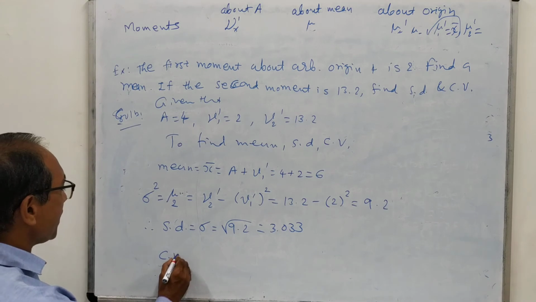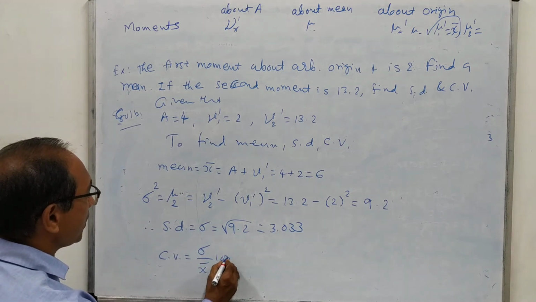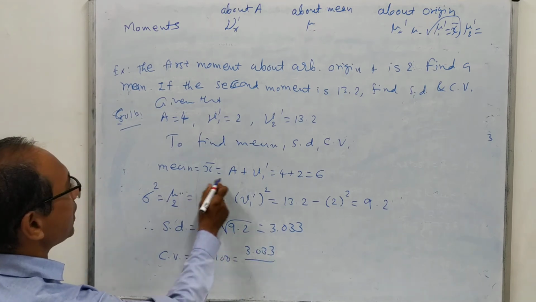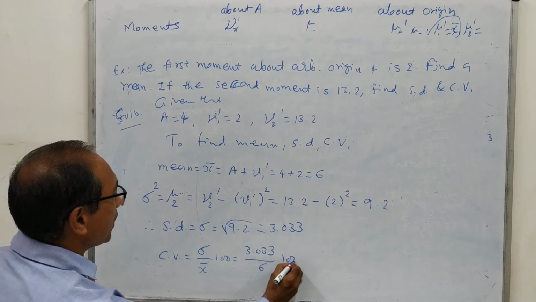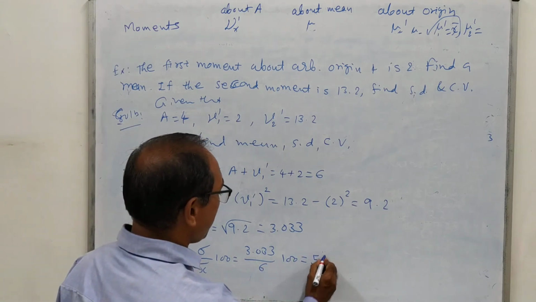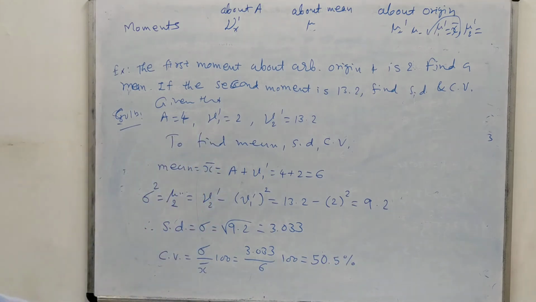Then the coefficient of variation, this formula we have also seen, is sigma upon x bar into 100. So sigma is 3.033, x bar is already obtained, it is 6, into 100. So the coefficient of variation is 50.5, and it is measured in percentage. Okay. So this is the solution of this question.